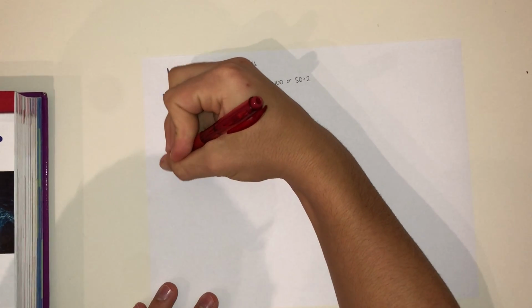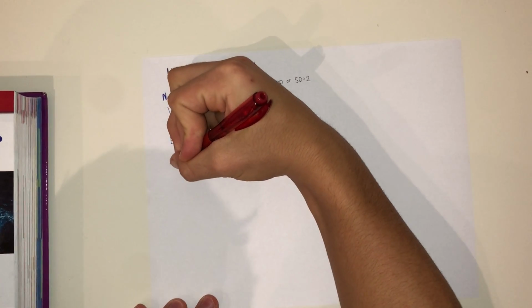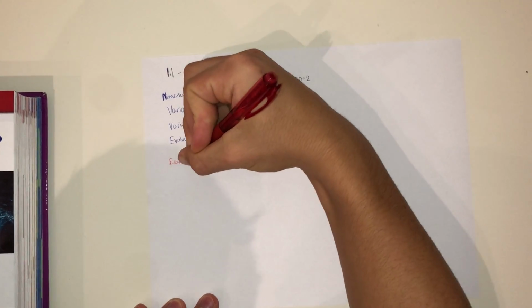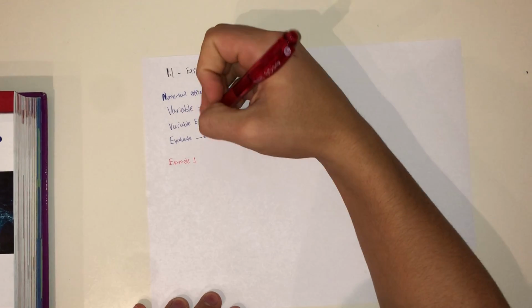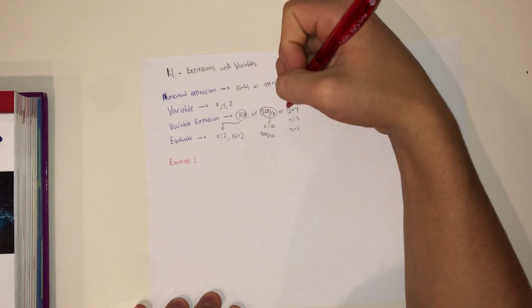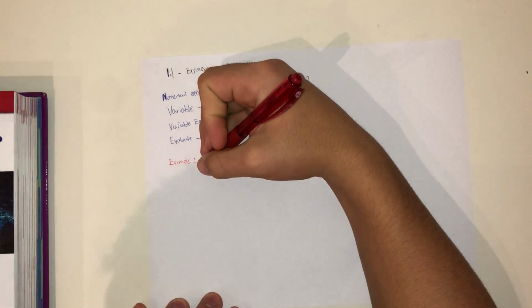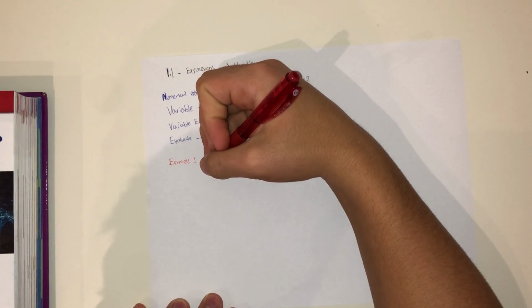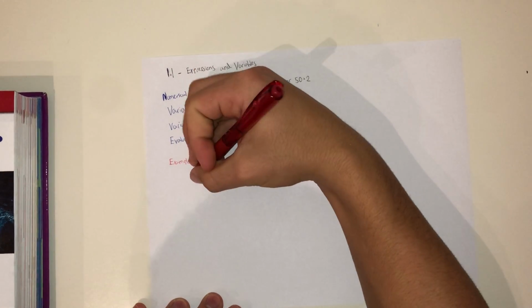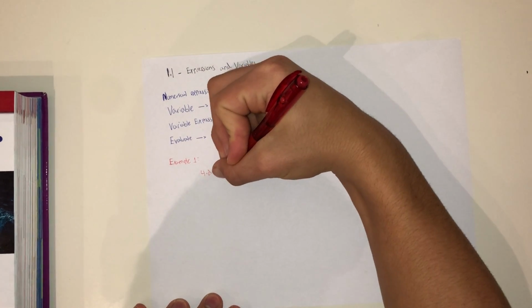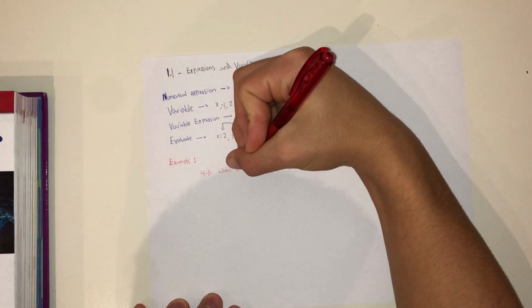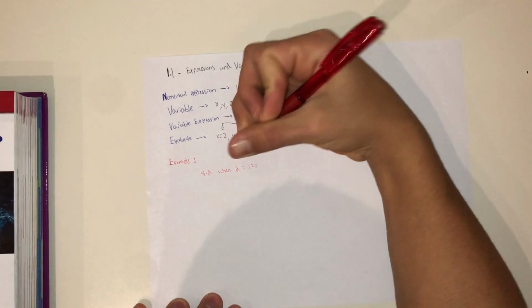Example 1 is evaluating a variable expression, so something like 10x, 200x, 2 plus y. It's asking us to evaluate 4 times d when d equals 120.